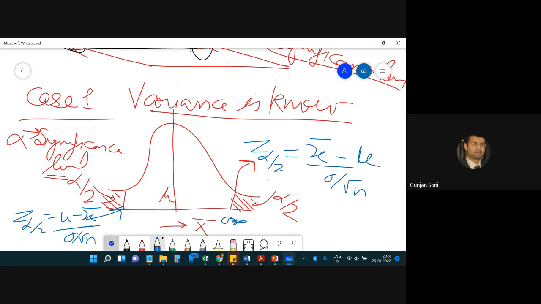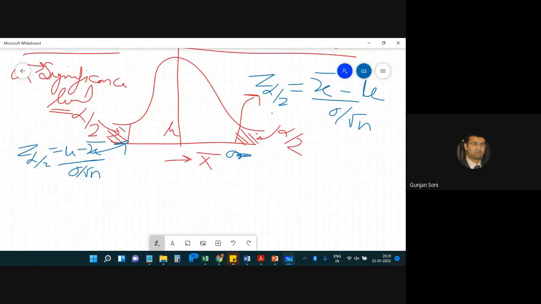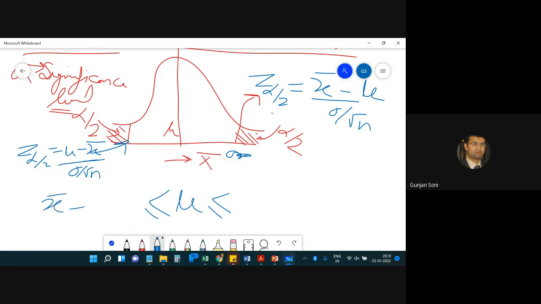Further, can we not write it like this, that mu lies between x bar minus z alpha by 2 sigma by root n and x bar plus z alpha by 2 sigma by root n.